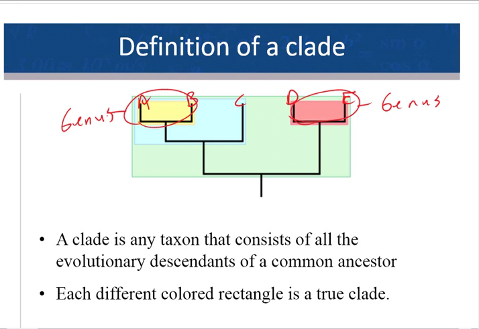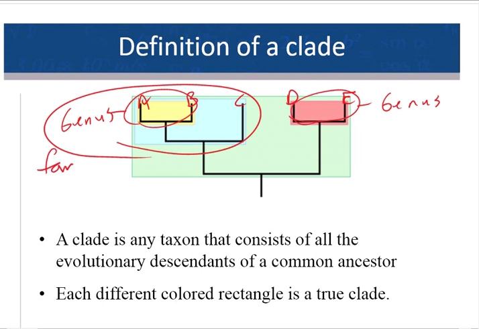Now what we call categories that have more than one genus within it, we could look at this entire grouping, and the category that's higher than a genus is a family, so that could be a family in taxonomy.